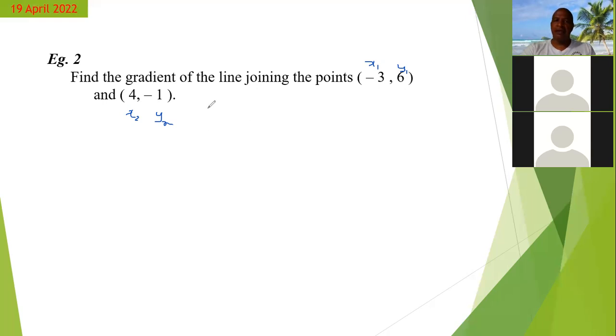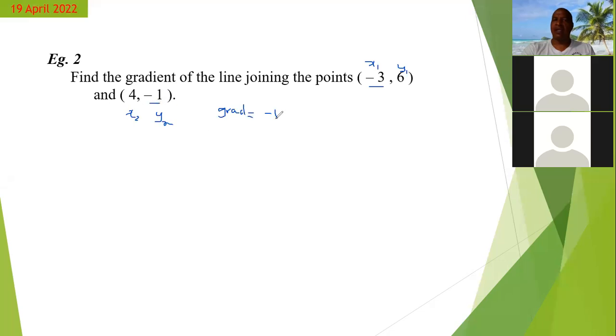So here, using the formula, our gradient would be equal to, let's take this x away from this x and this y away from this y. Remember, we start off with the y first. Sorry, let us start off with y2.